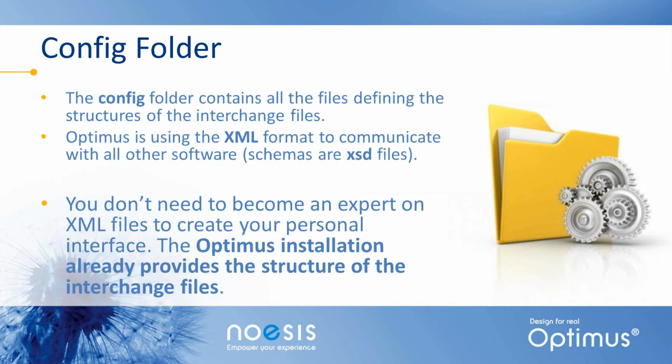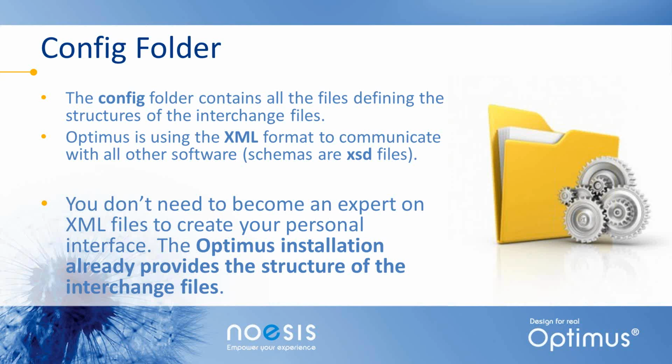Let's start from the config folder first. The config folder contains all the files that define the structure of the XML file. Optimus is using XML format to communicate with all the other software.